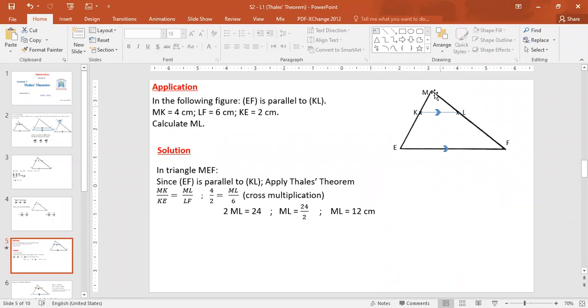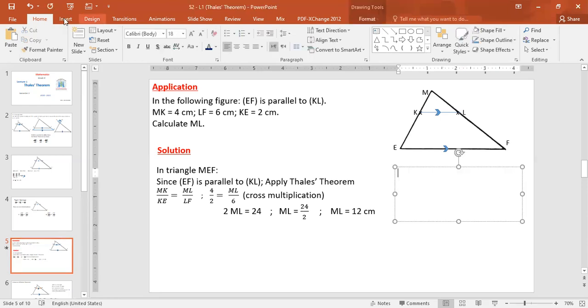Okay, so MK over ME is equal to ML over MF is equal to KL over EF. The ratio that you said now, Amir, I'm going to write it here down. Let me write it here to see if we can use it to calculate ML, the measure that I need.